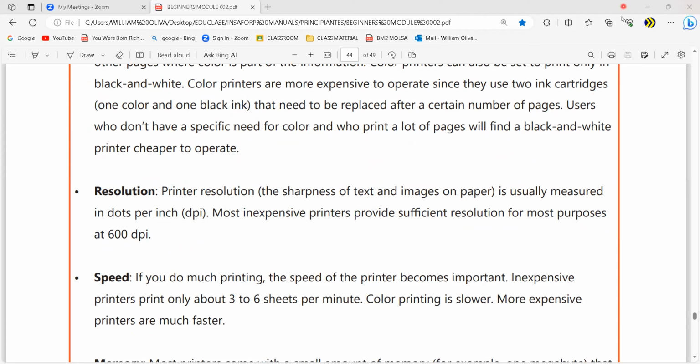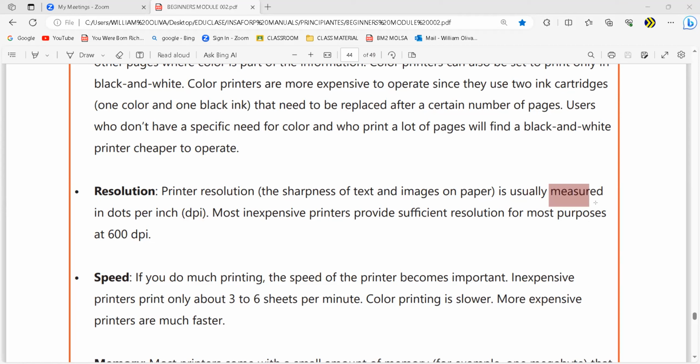Printer resolution, the sharpness of text and images on paper, is usually measured in dots per inch, dpi.